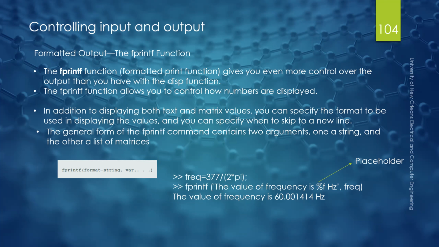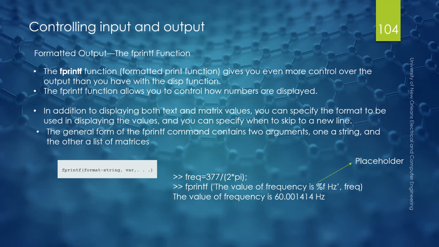In this case, since it's only displaying one variable, it's going to display the value stored in FREQ. FREQ has been defined like this, so fprintf displays 'the value of frequency is', looks up the value in the variable FREQ, and displays it.